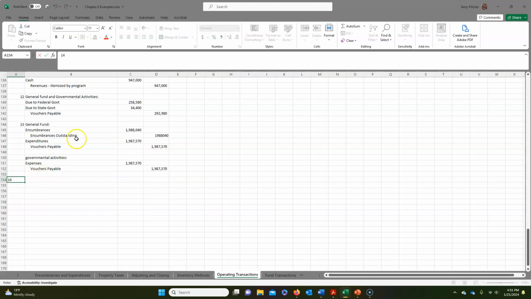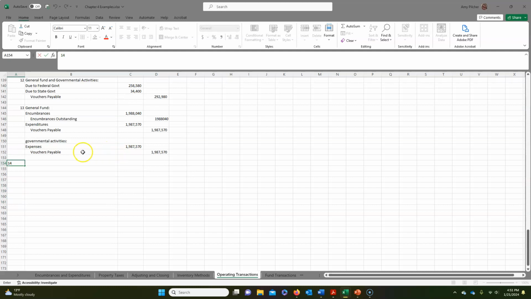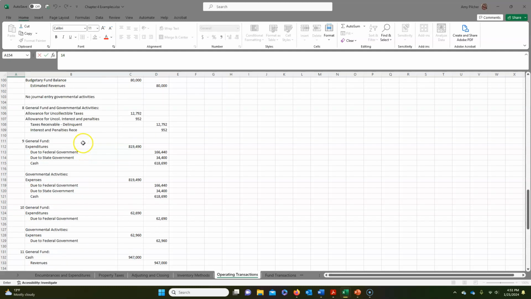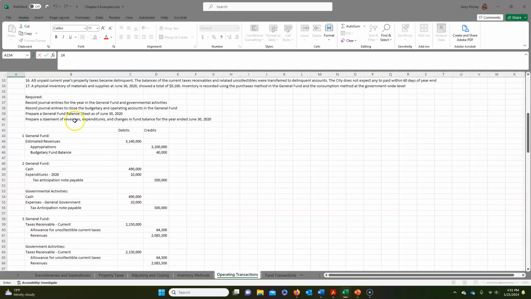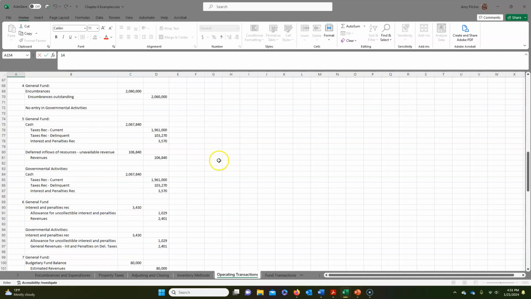Transaction 14, we paid vouchers payable in cash. So we have 14, vouchers payable were paid after deducting a credit for purchases discount of $8,030.